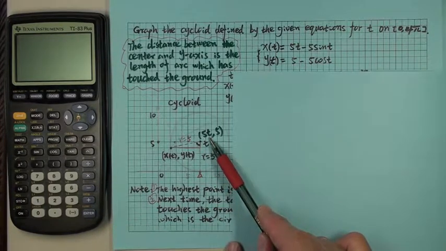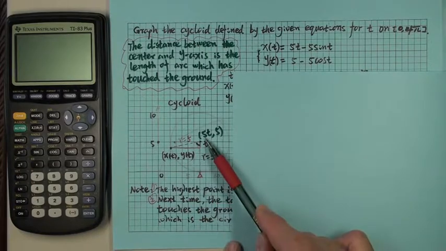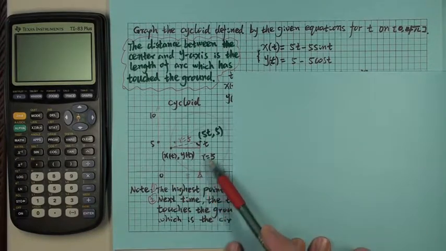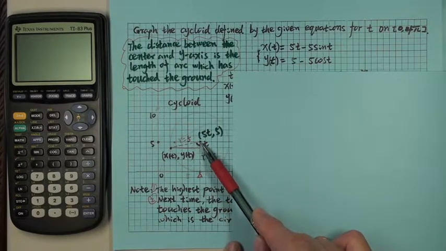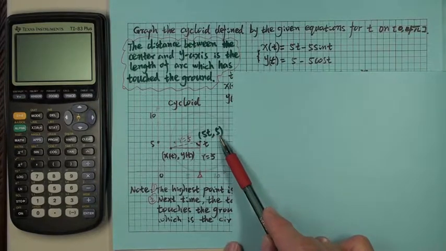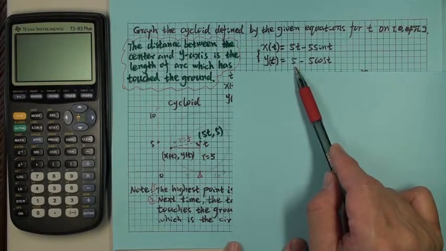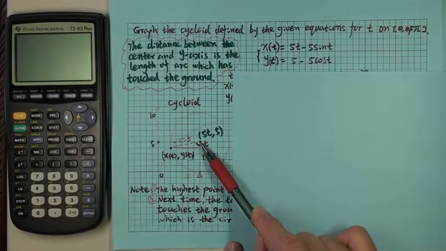So that's 5t. Okay, so x-coordinate is 5t, and y-coordinate is just 5. So this is the coordinate of center, 5t, 5. This is the coordinate of the center.